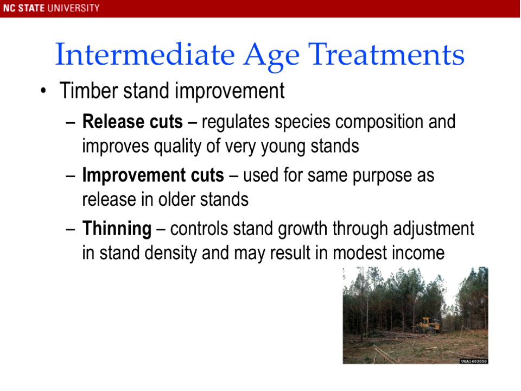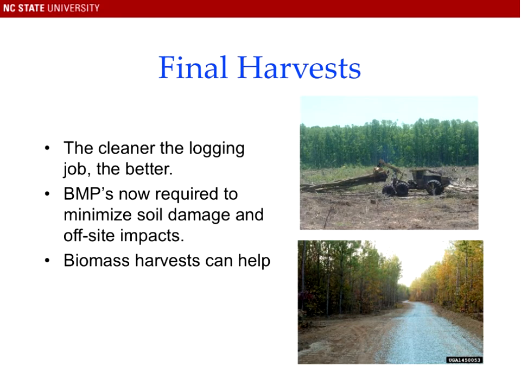Sometimes in improvement cuts, especially in hardwoods, where you're mostly focusing growth on the fewer and best trees, sometimes it's so little value that trees are cut and left in place, producing no income for the landowner.